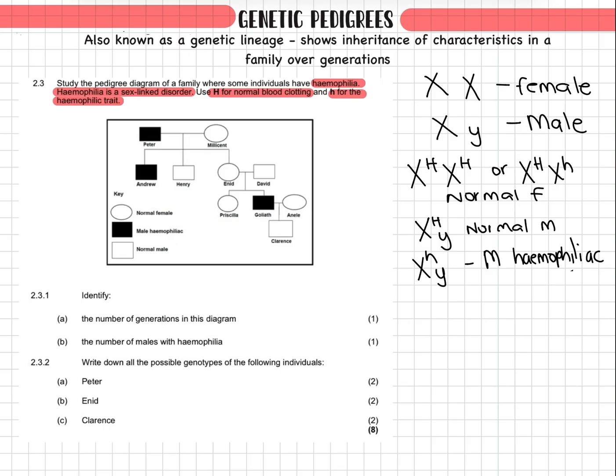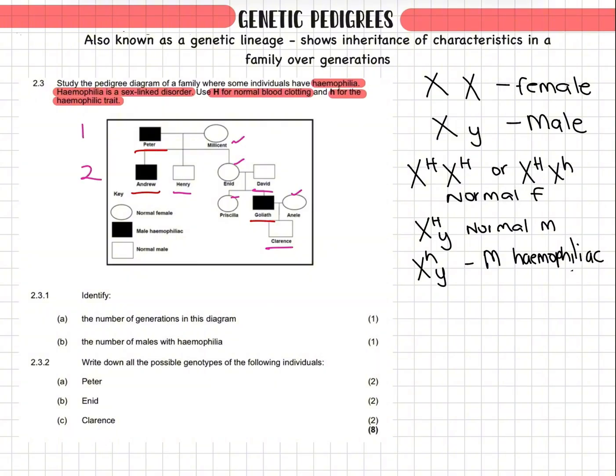Females can be homozygous or heterozygous. For them to have hemophilia, they need to be homozygous recessive. But on the diagram, there are no females with hemophilia. Only normal males, hemophilic males, and normal females.